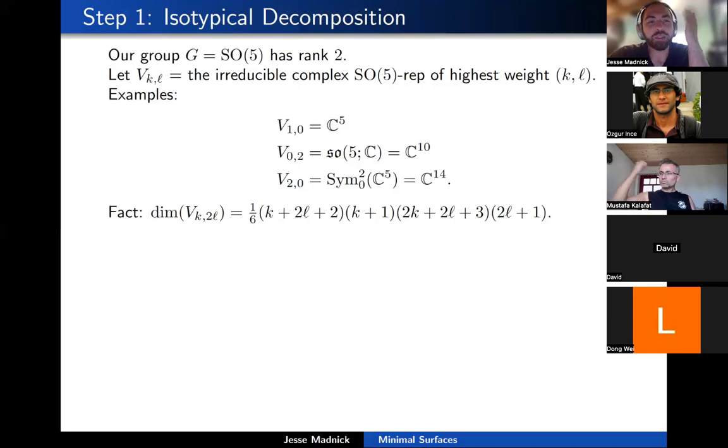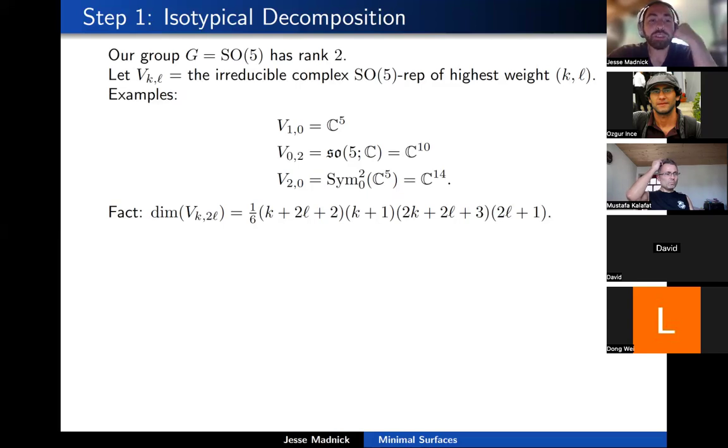Here are some examples of irreducible complex SO5 representations that will show up a lot. V10 is the standard representation. V02 is the adjoint representation. And V20 is the representation on the traceless symmetric matrices.